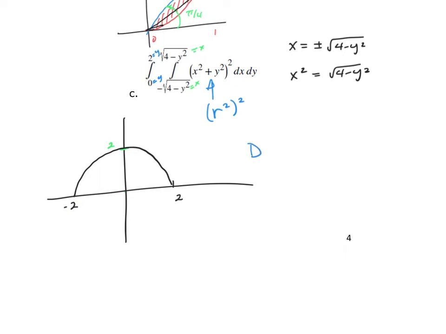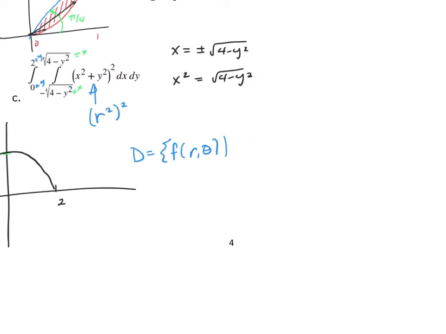So my region of f of r theta, this one's actually not too bad to do. Theta is going to run between 0 and pi, because I only have half a circle. And my r is going to run between 0 and 2.